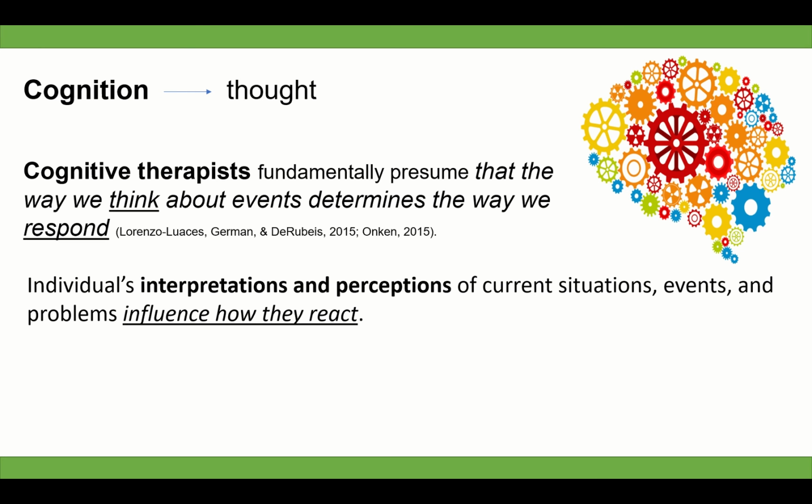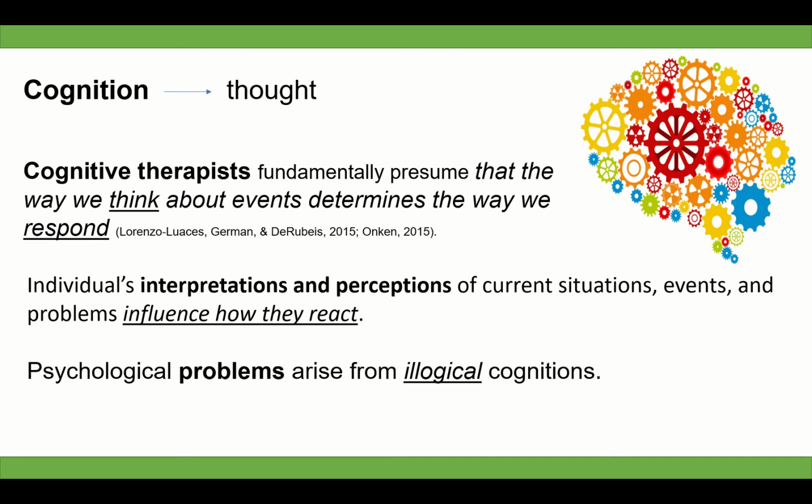Individuals' interpretations and perceptions of current situations, events, and problems influence how they react. Psychological problems arise from illogical cognitions. Illogical can also be irrational or unrealistic.